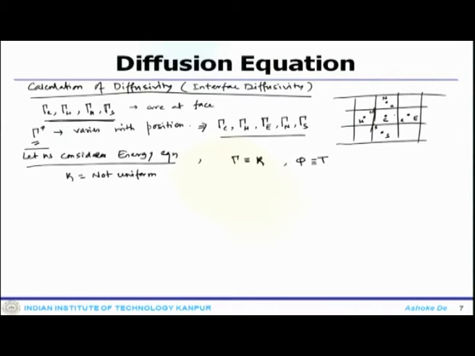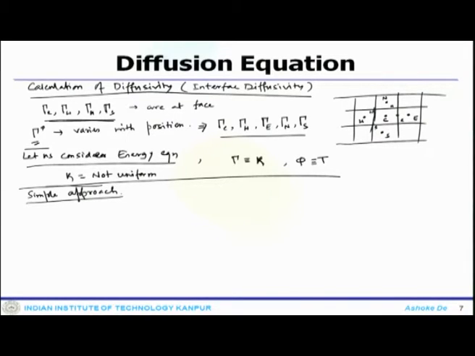So you need a proper estimation of gamma at a particular cell interface. As long as the material is homogeneous, there is no problem, but if it is not, one can think of a very simple approach to estimate this.